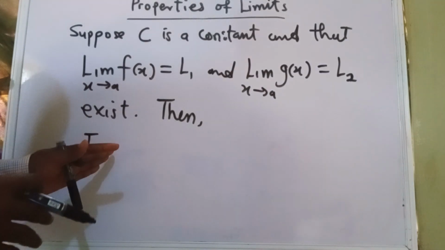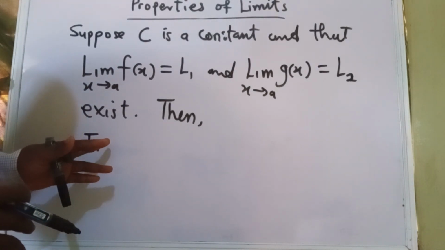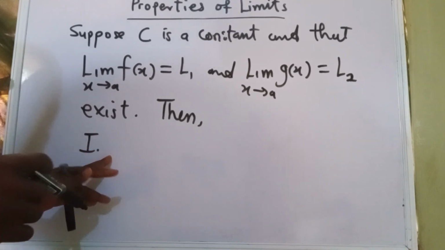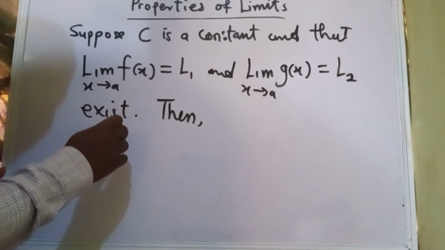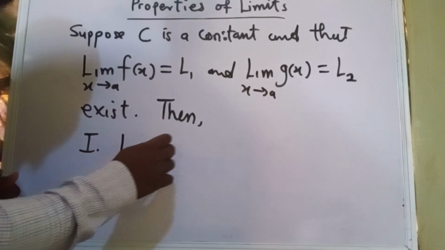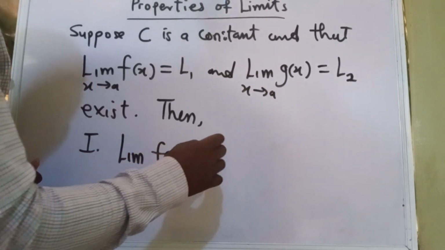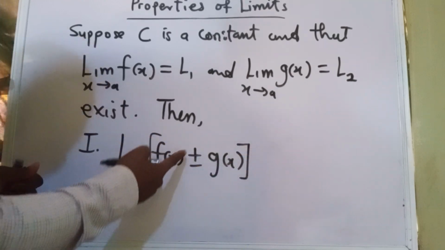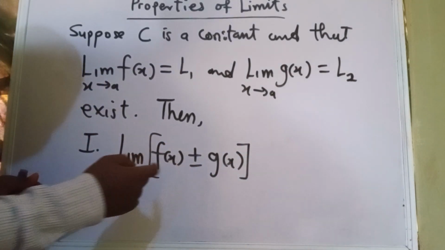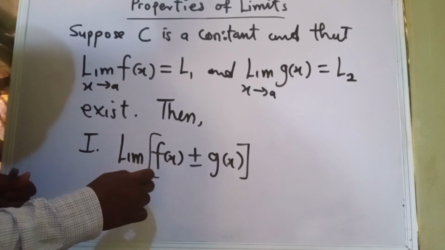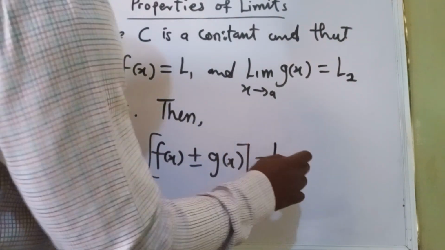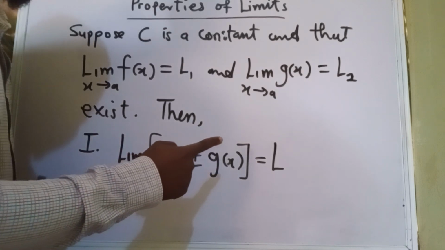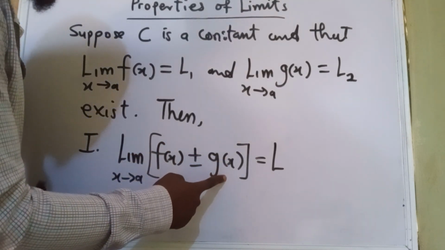One, the first property is the sum and difference law. It states that if we have the limit of f of x and g of x, with the operation either addition or subtraction, as x tends to a, this limit operator will act on f of x and it will also act on g of x.